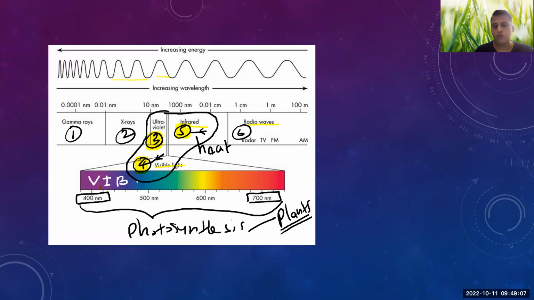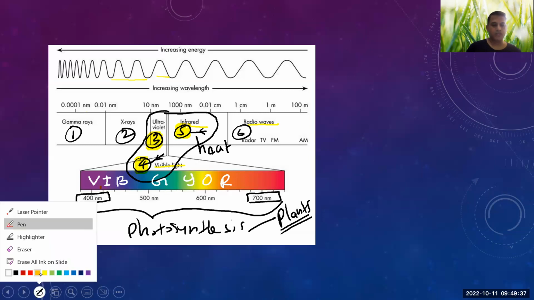So it's more related to blue color, and in the middle is green color. Then yellow, orange, and red. So these are the 7 colors of the rainbow, 7 colors of the light: violet, indigo, blue, green, yellow, orange, and red.